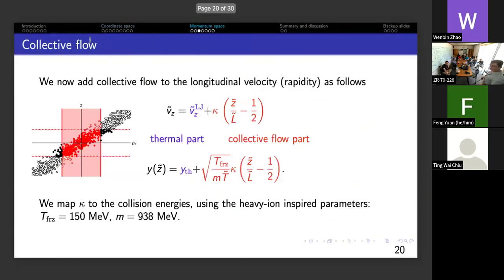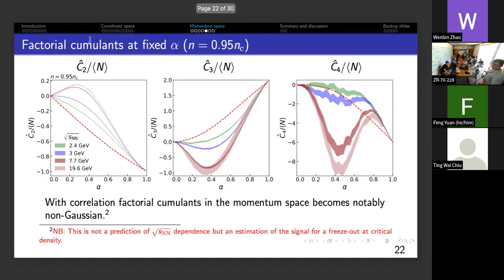Here you can see the factorial cumulants, again without the correction for the global conservation. As shown before, with increasing flow they reach the coordinate space values.